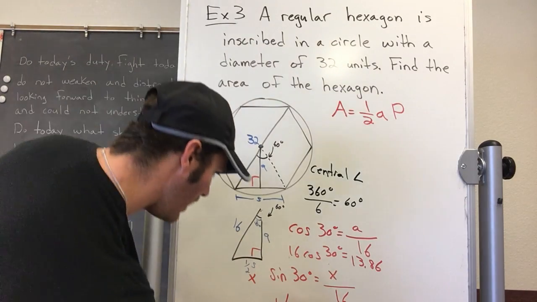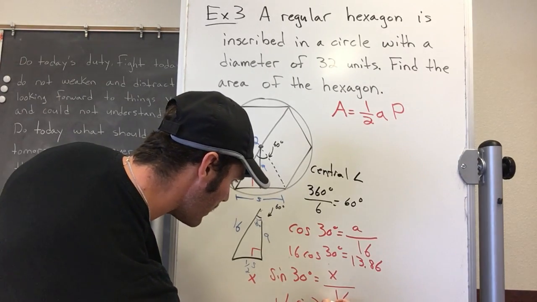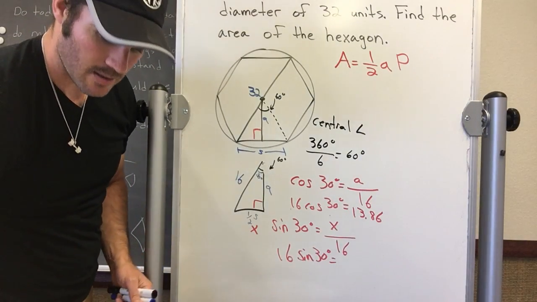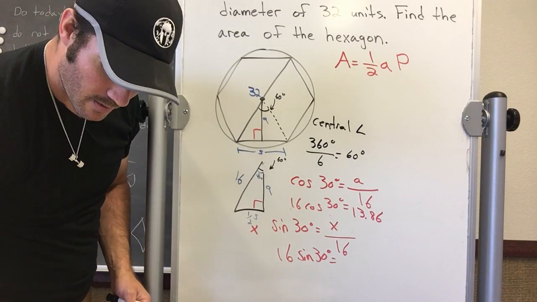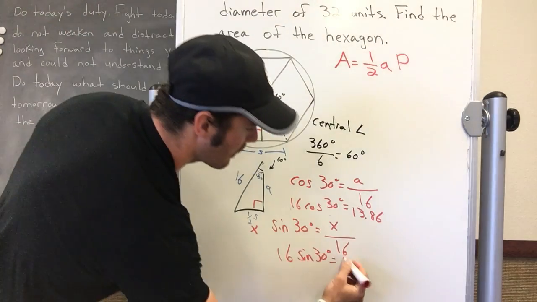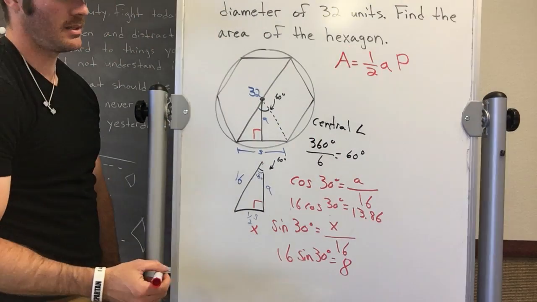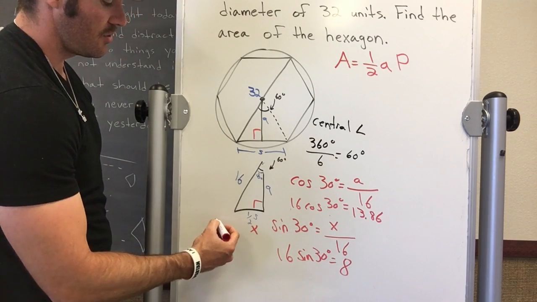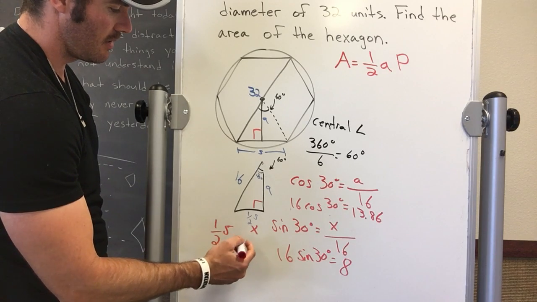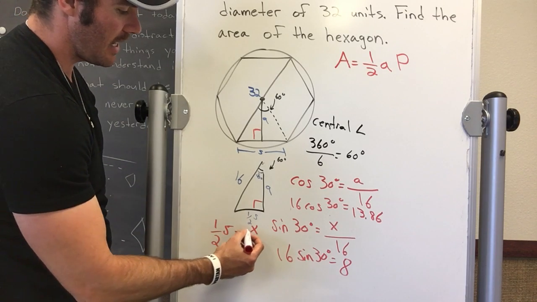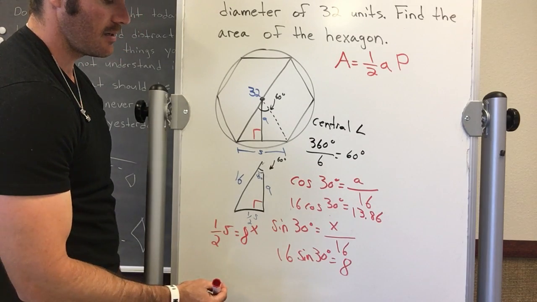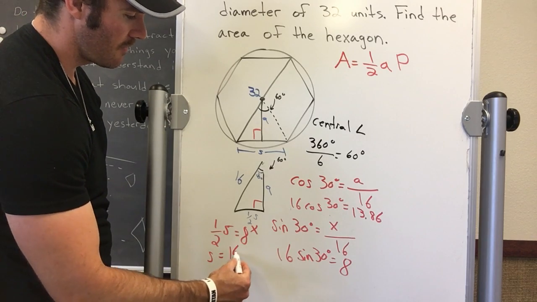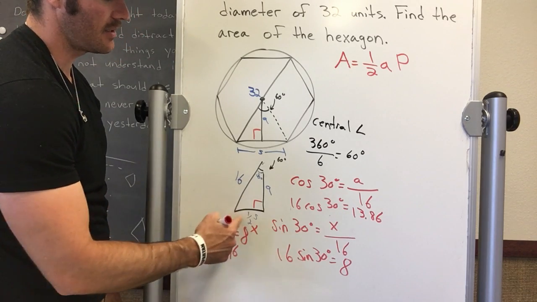So we get 16 sine 30 equals 8. Well, that's cool. Now, remember, X equals half S, so half S equals 8. And to get S by itself, we're going to multiply both sides by 2, so S is going to be 16. So this is actually 16.